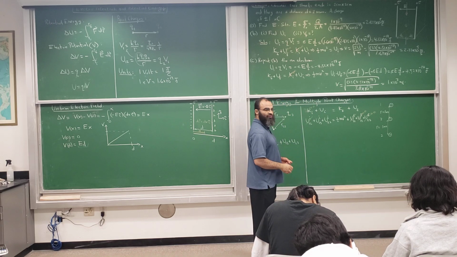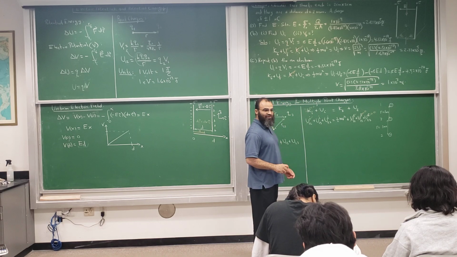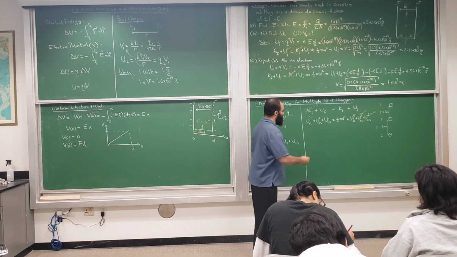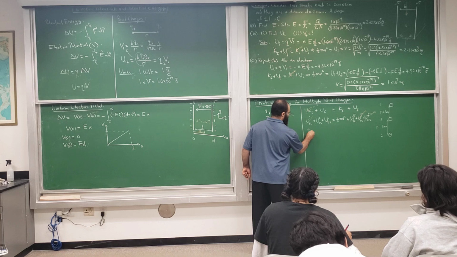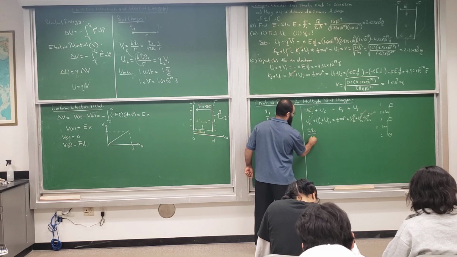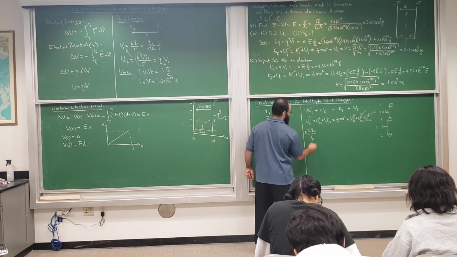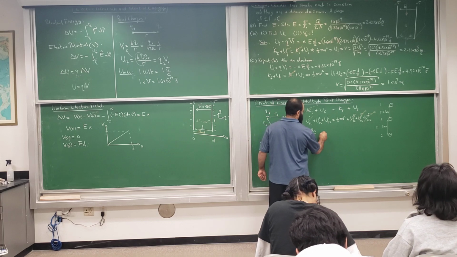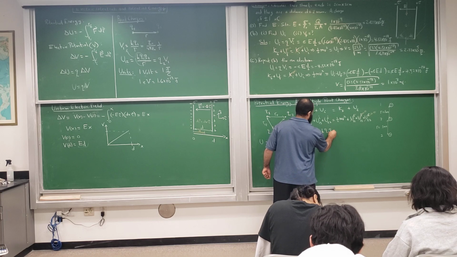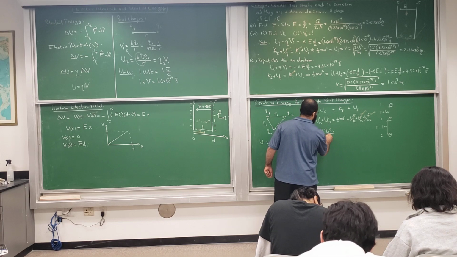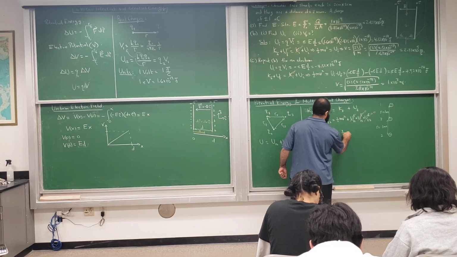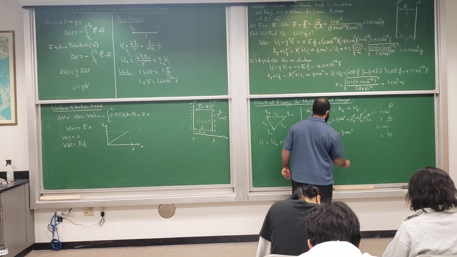Okay. We're ready to start substituting our variables. So for this one, I'm going to write it this way: K Q1 Q3 over R13, and then plus K Q2 Q3 over R23 equals 1/2 m v squared.